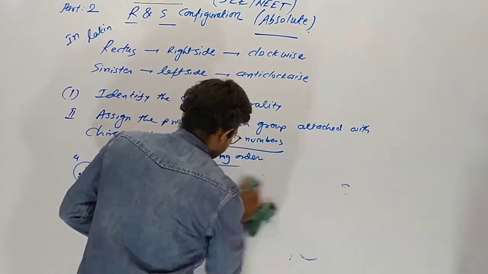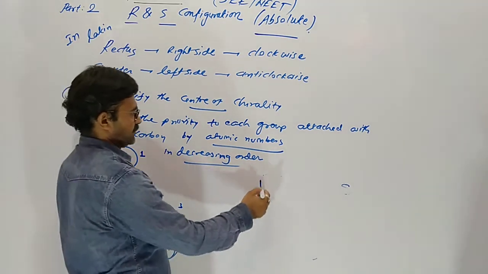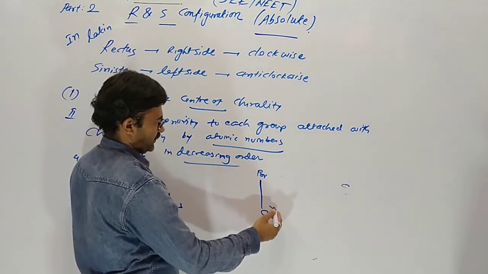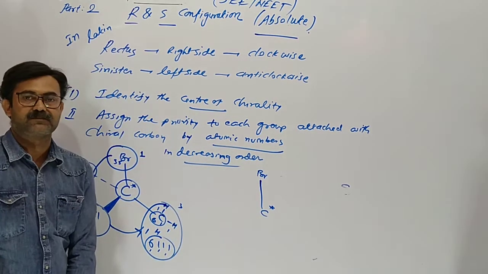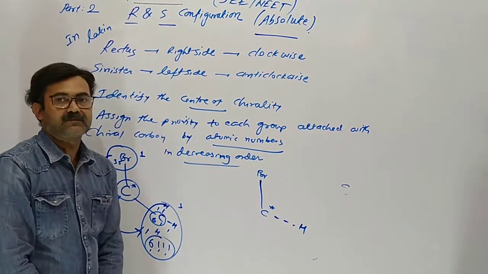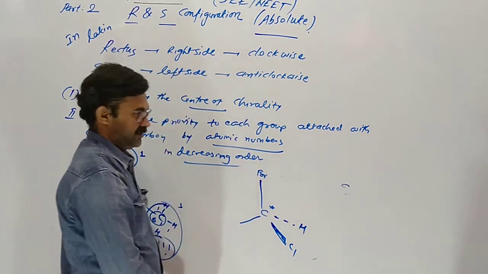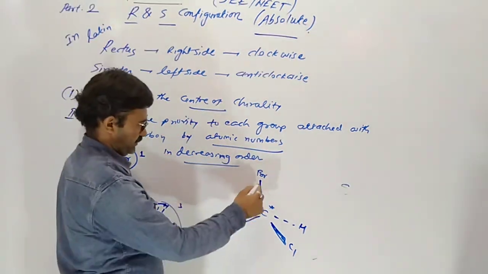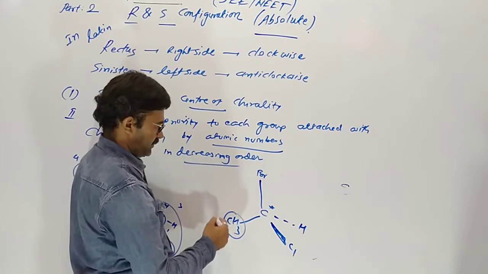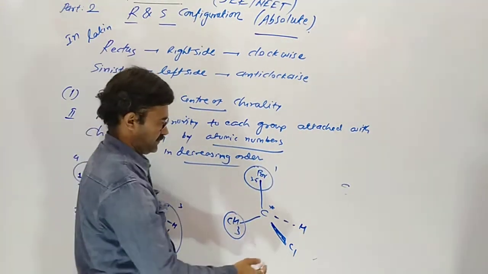Now, the same example I am taking. Suppose here is bromine. This one is our chiral carbon. Hydrogen is behind the plane. Here is chlorine at the plane and methyl on the same plane as the bromine. Give the numbers. Bromine 35, it stands first.